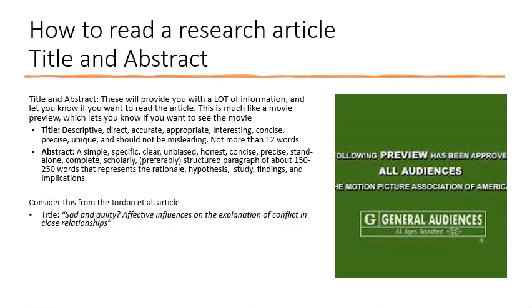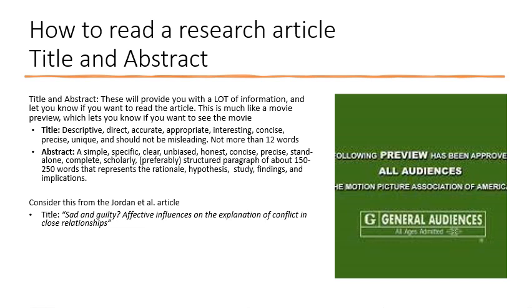Here's just one example. This was mentioned in the Jordan article that you've read by now, and the title is Sad and Guilty: Affective Influences on the Explanation of Conflict in Close Relationships. And if we parse this out, we can see that sad and guilty are emotions or are affective factors.